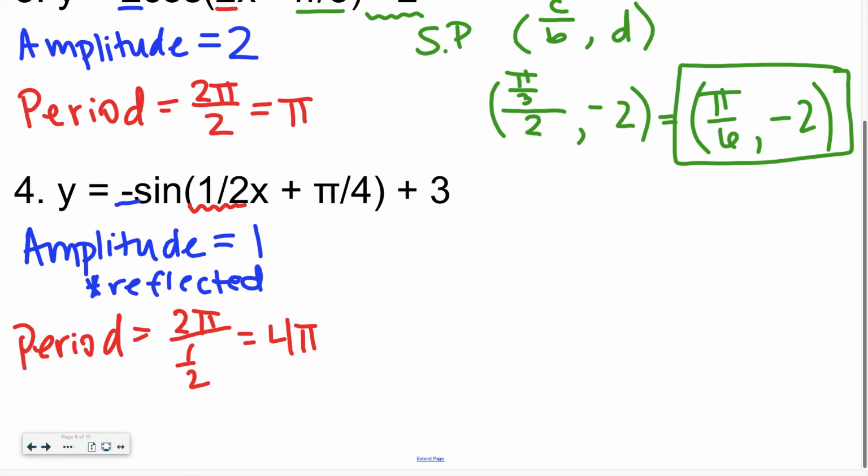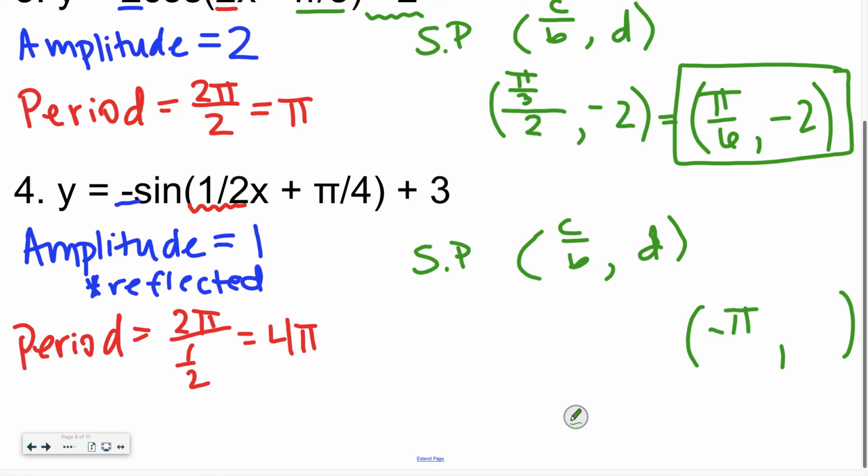Okay? So then for our starting point, c over b, comma d. Emma, what did you get for your starting point? -pi/2, 3. So our c value, we need to call it a -pi/4 because it's a shift to the left.